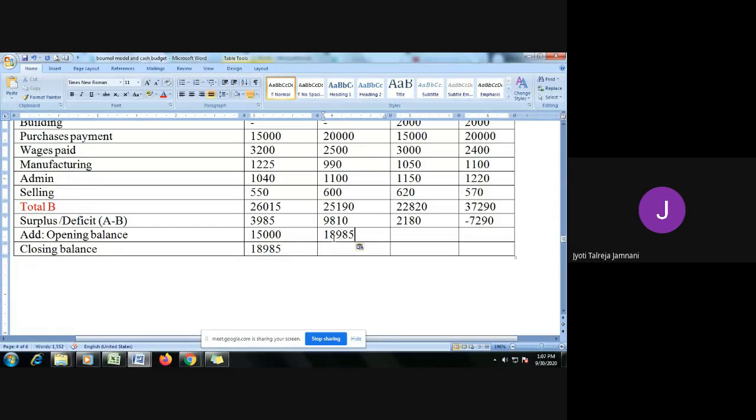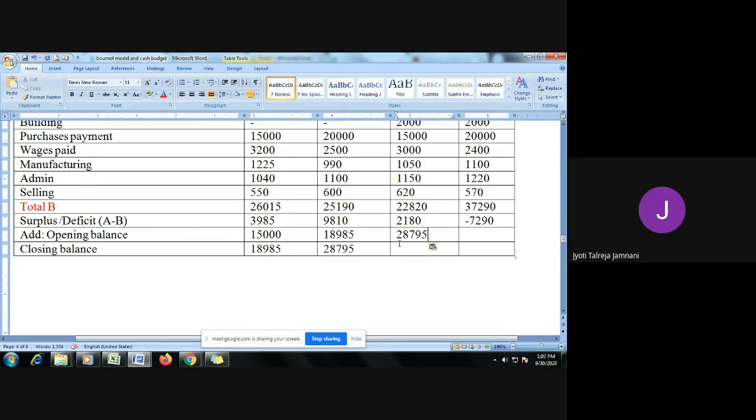To this you add the surplus 9,810, you get 28,795 as the closing balance of February. When you copy this and take it forward to March, you get opening balance of March as 28,795 plus the surplus of 2,180.